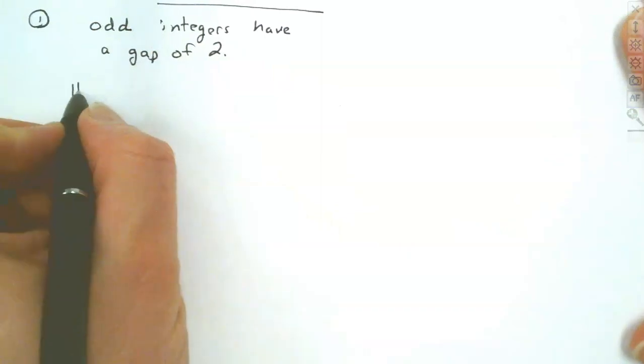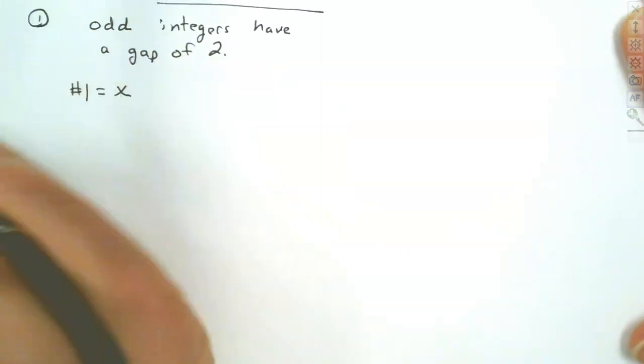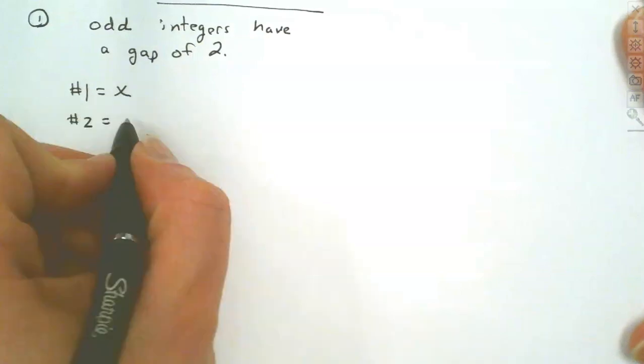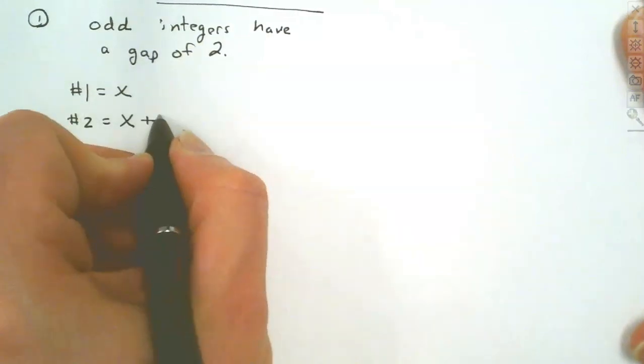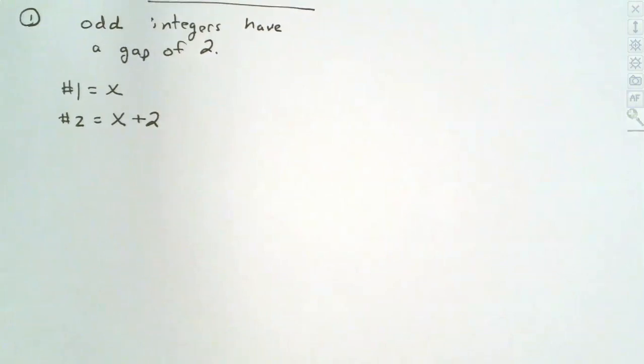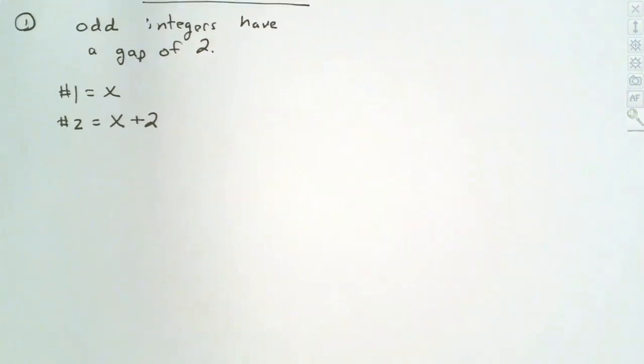So that means my first number, we're going to call it x. And my second number, it's not going to be x plus 1, it's going to be x plus 2. I'll go ahead and work this one out because this is easy to solve, but a lot of times students only give me part of the solution. Now we know that the product is 255.